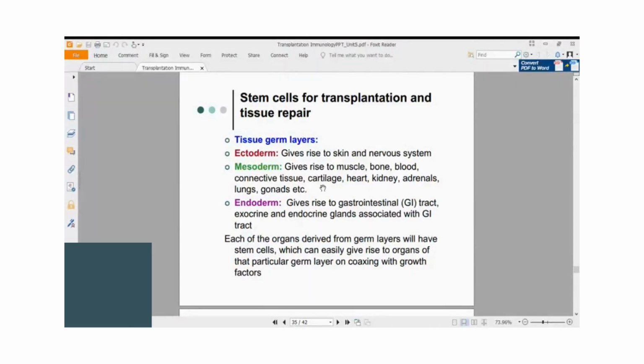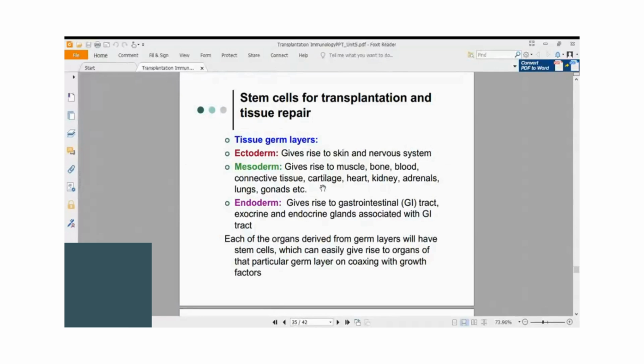Like that, thyroid, thymus, adrenal gland, pancreas, all these are derived from the GI tract, that is endoderm, and they perform the endocrine function.